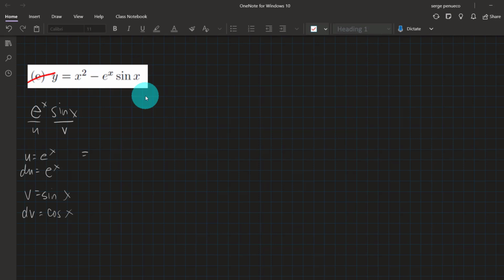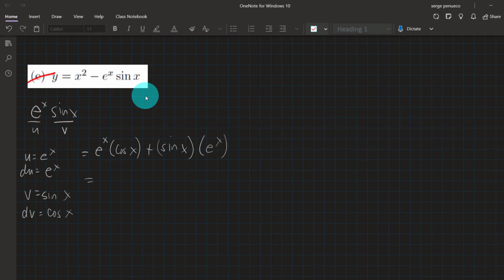So, u dv, u e raised to x times the derivative of the second, derivative of sine is cosine x, plus v, which is sine x, times the derivative of the u, which is e raised to x.